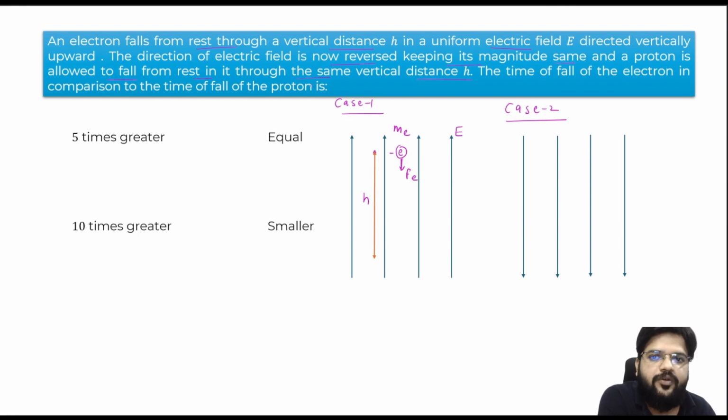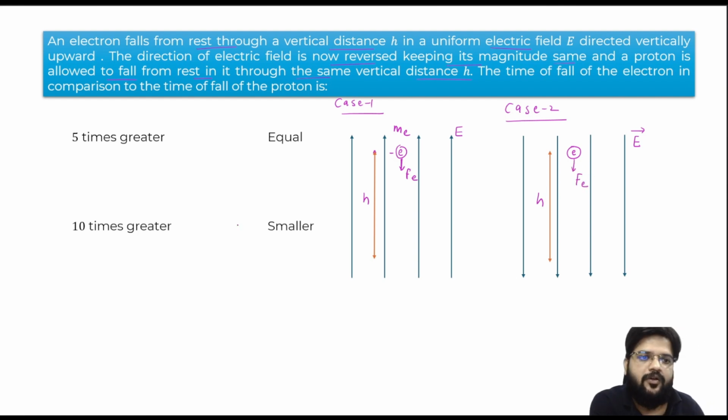So in the second case, the electric field is present in the downward direction, and now we have a proton, which has positive charge, and again it is falling for height h. The height is the same in both cases, everyone. So here again we have electrostatic force Fe.